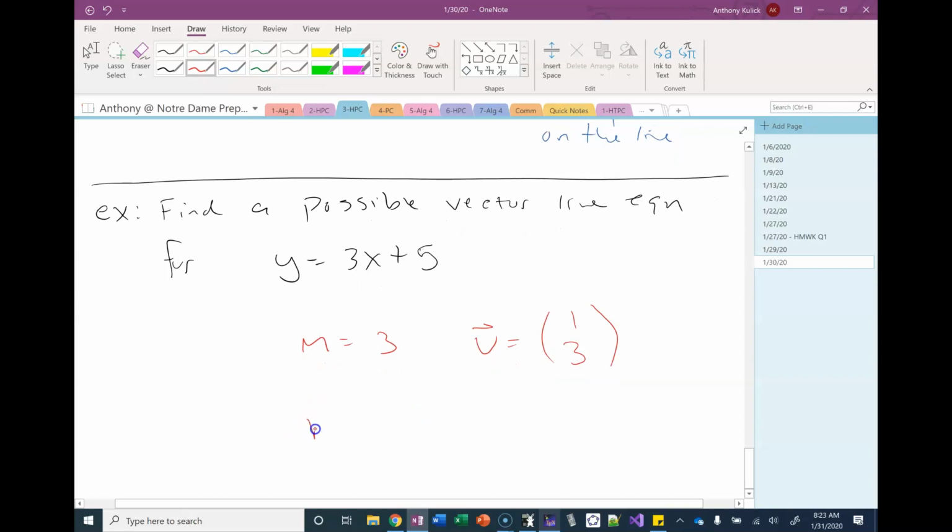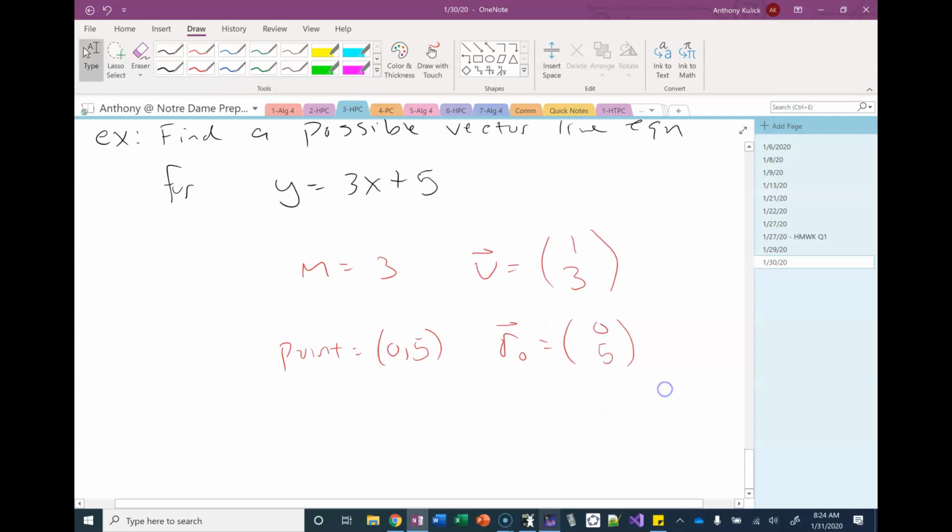What's a point on this line? Okay, 0, 5. So what is our point vector going to be? 0, 5. Thank you. And so we're done, right?